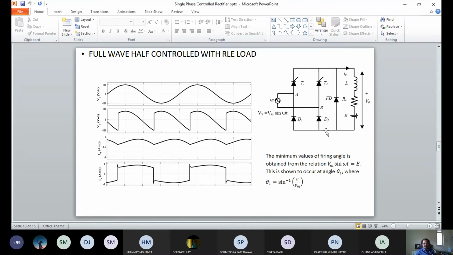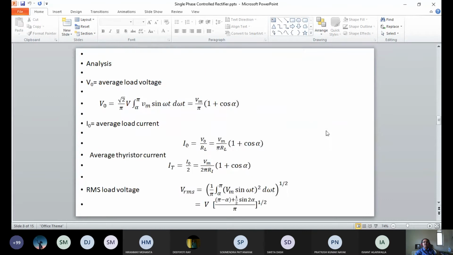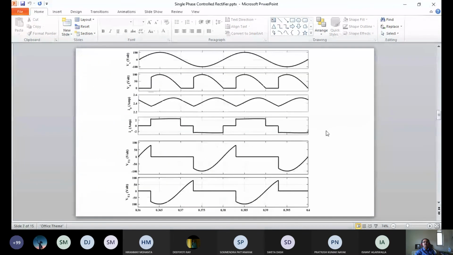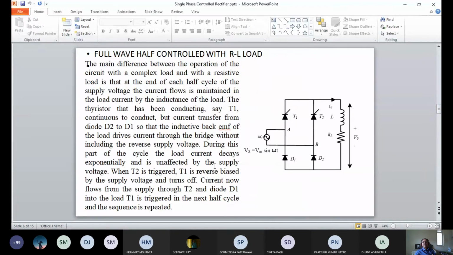I have not shown it for the freewheeling diode. With a freewheeling diode, what will happen? Now the current was freewheeling through two devices, and one of them is reverse biased, so this was providing a very high impedance path.